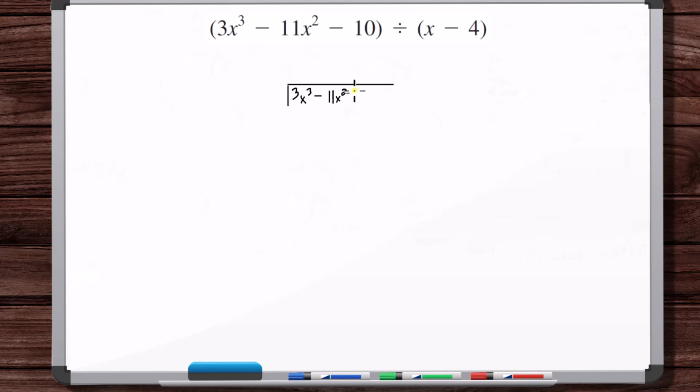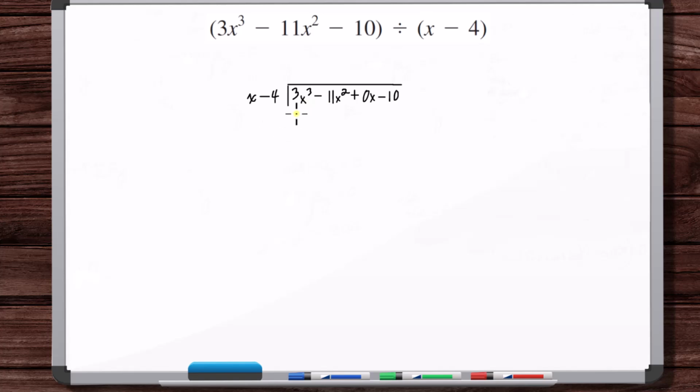We don't have an x term, so we want to put 0x and then minus 10. Then do the exact same thing with the divisor, but there are no missing terms. Write it in descending order with placeholders if need be. We don't need any placeholders there.